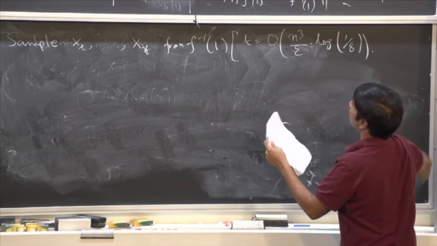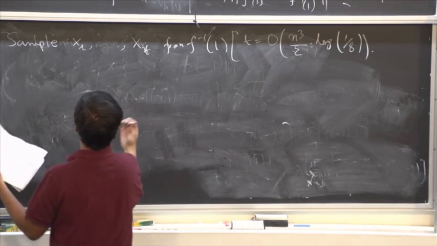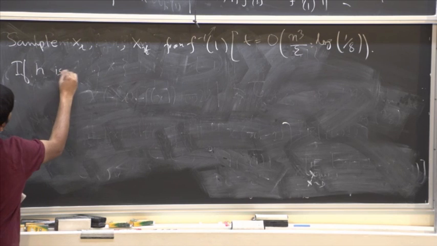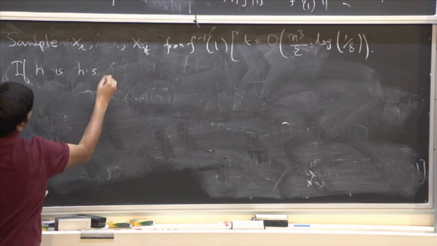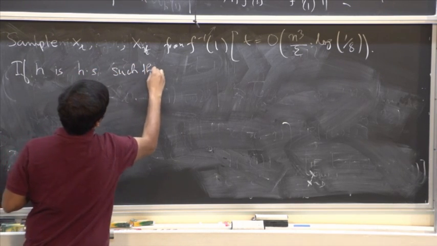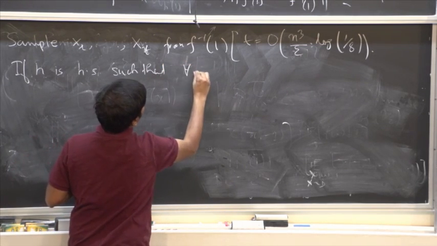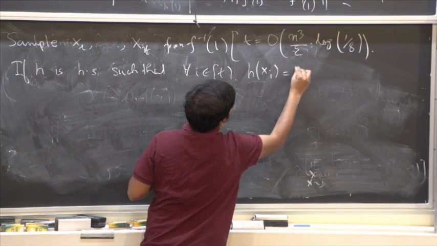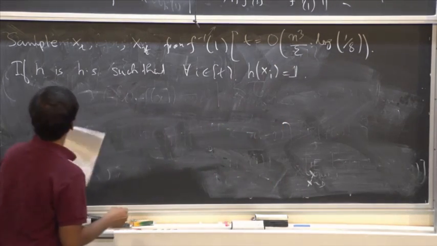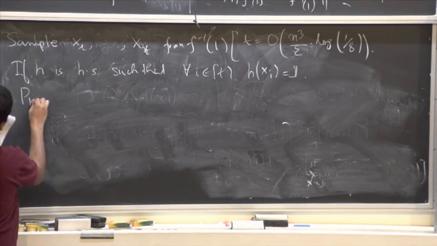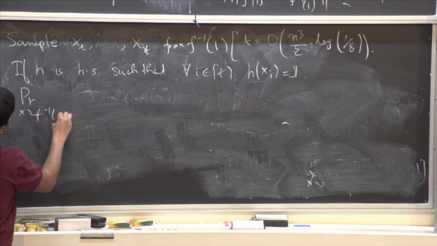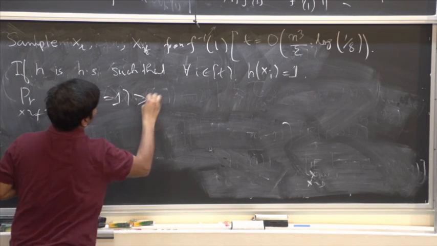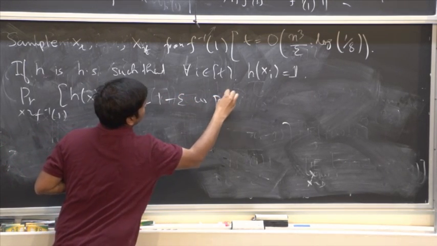Okay, and it's easy to prove that if H is any half space such that for all i in t, H of xi is 1, then the probability over x in f inverse 1 that Hx equals 1 is at least 1 minus epsilon, with probability 1 minus delta.